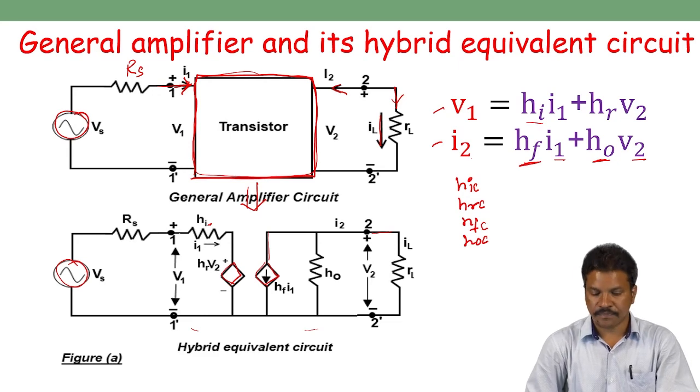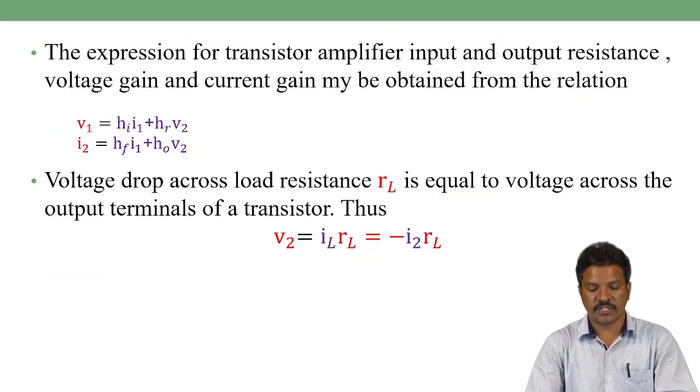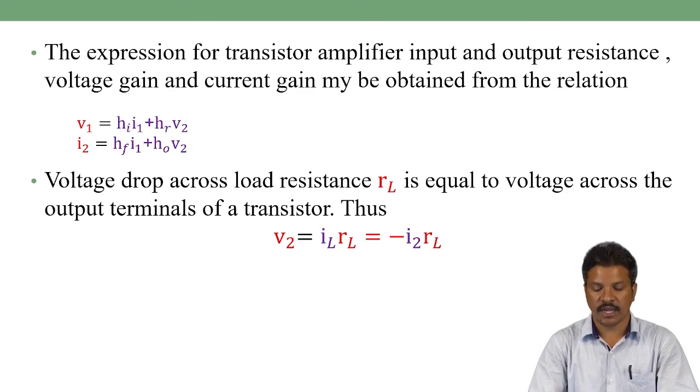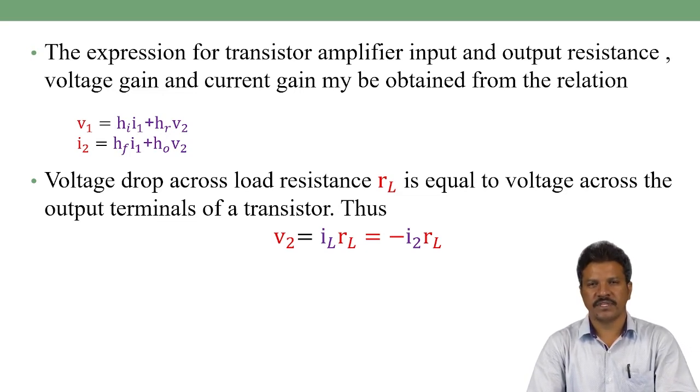Now let us see the expressions for the transistor amplifier. Input and output resistance, voltage gain and current gain may be obtained from the relations of V1 and I2. So the main purpose of this H parameter model is to calculate the parameters of the transistor, which are input impedance and output impedance, or input resistance, output resistance, voltage gain and current gain.